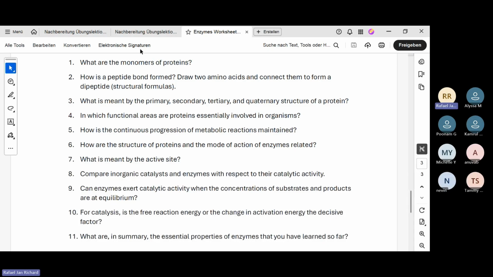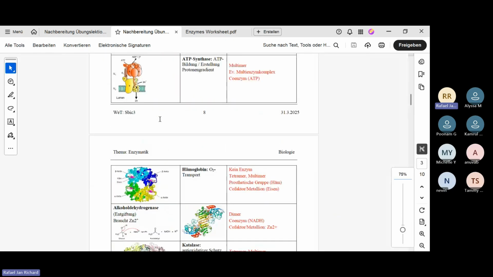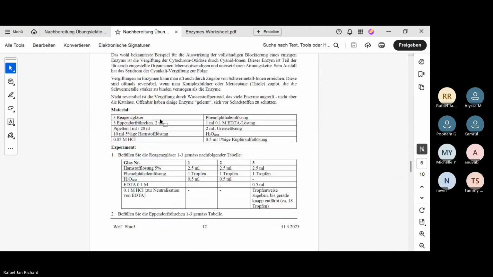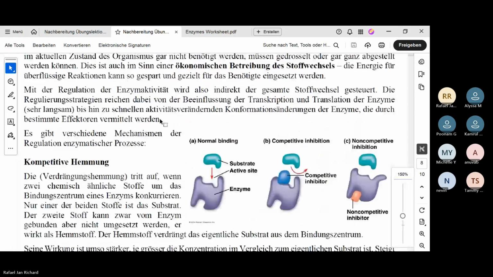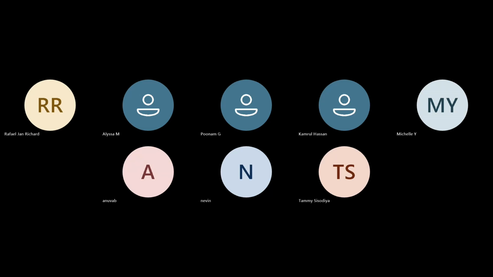Okay, of course. Wait, I have to find a good diagram about the inhibitors. Okay, I hope you can see my slides again.